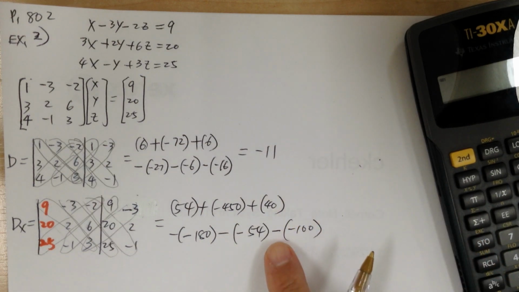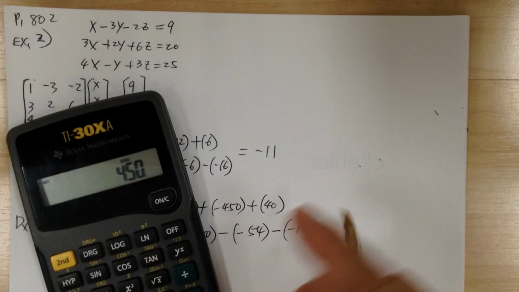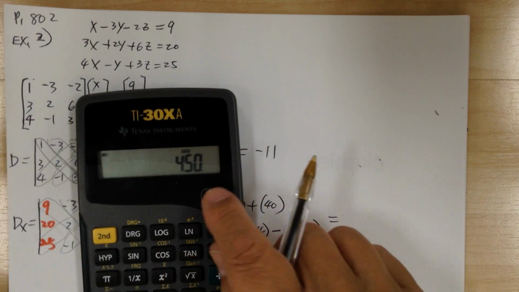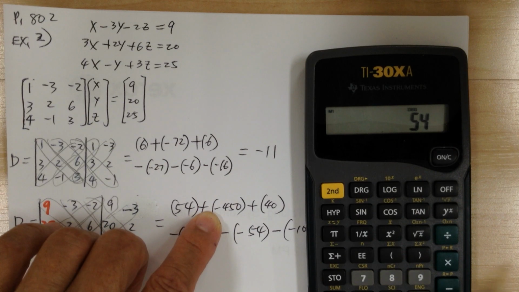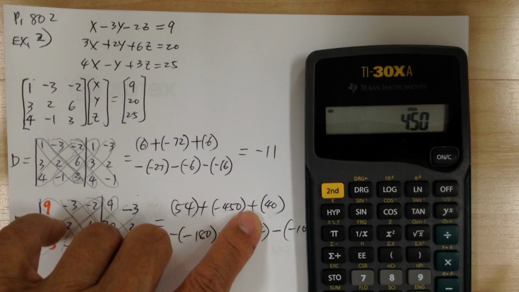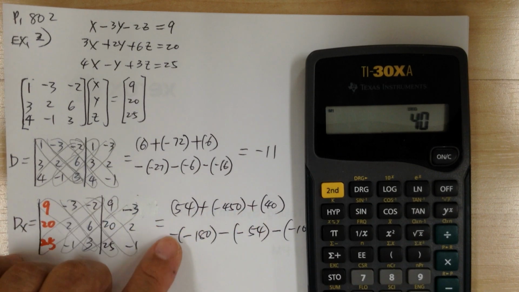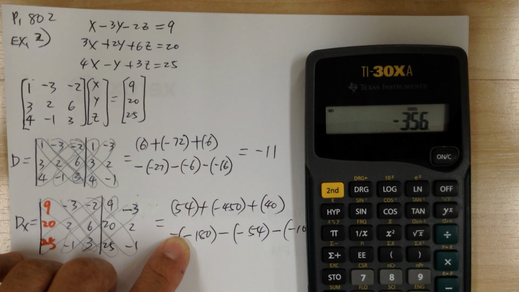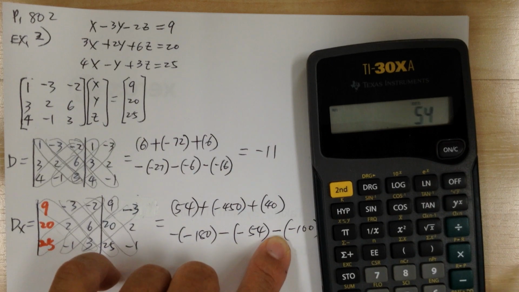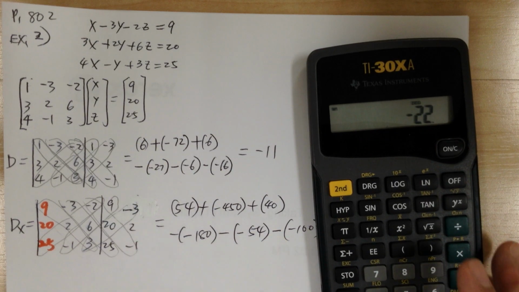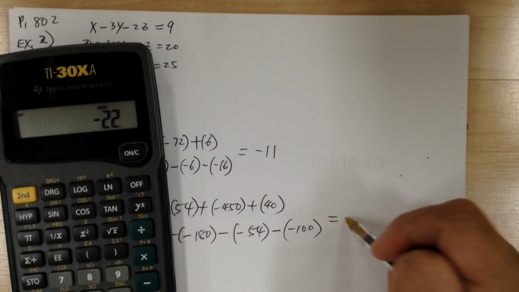So keep track of your subtraction and your signs. So this will equal, so get your calculator, so 54. Now this will become minus 450 plus 40. This becomes plus, so plus 180. This becomes plus 54. This becomes plus 100, equal to negative 22.